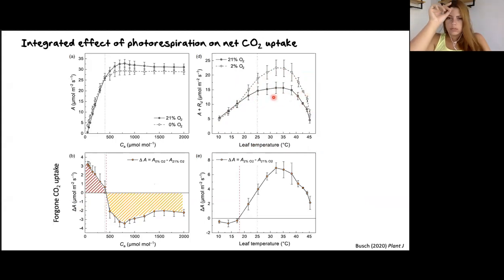And you can see that as we go to higher temperatures, the difference becomes bigger and bigger, up to like 35 degrees or so. And again, the transition point between when photorespiration is positive to when photorespiration becomes carbon negative is somewhere around 16 or 17 degrees or so. And only when you go to higher temperatures, like 25, 30 degrees, you see that photorespiration becomes an issue and the plant loses out on CO2 assimilation.